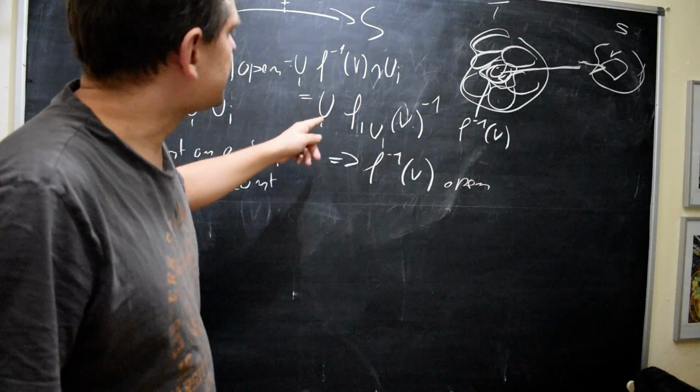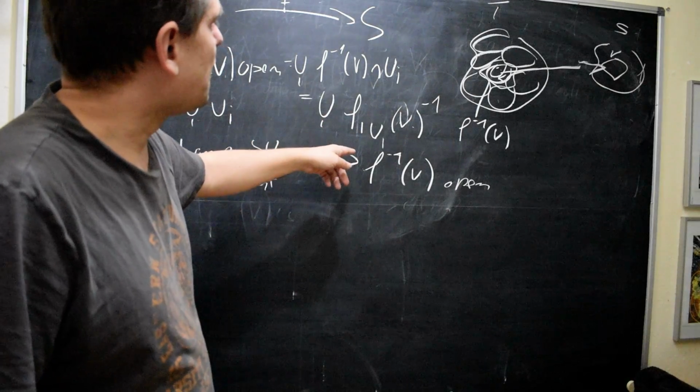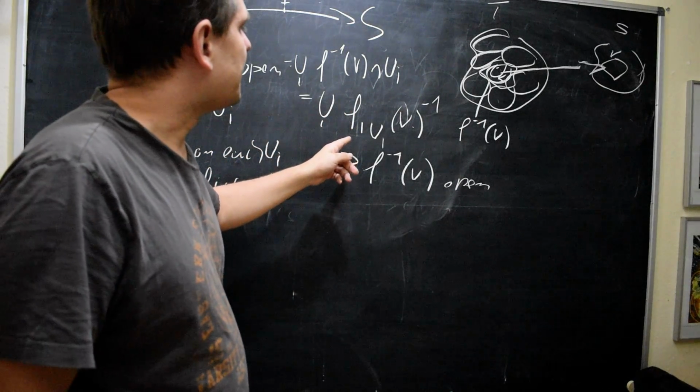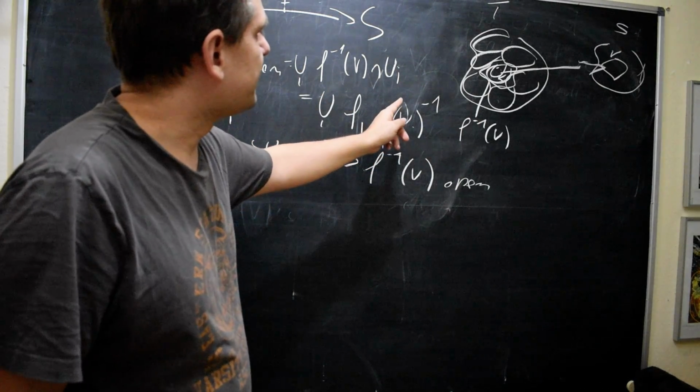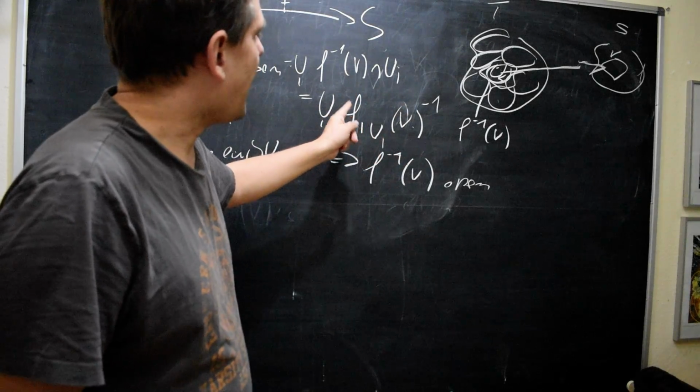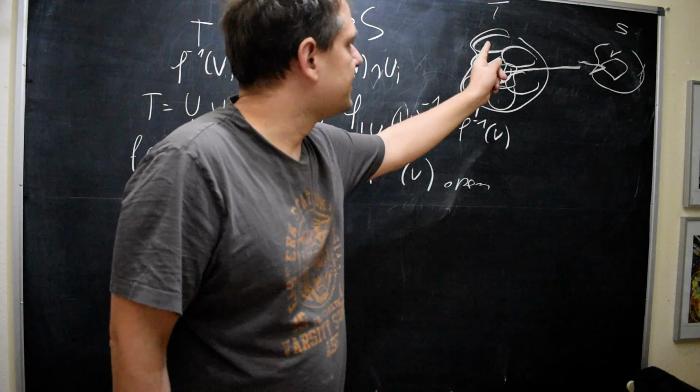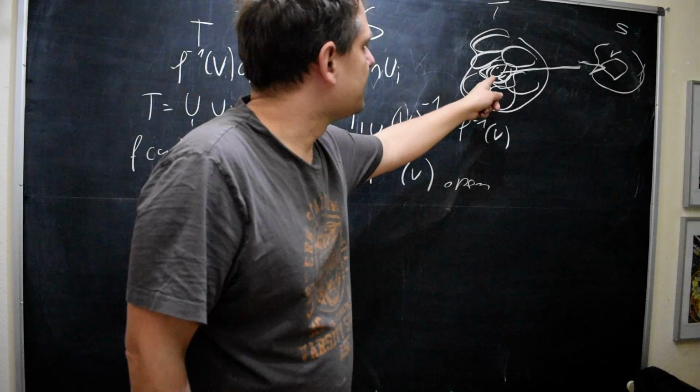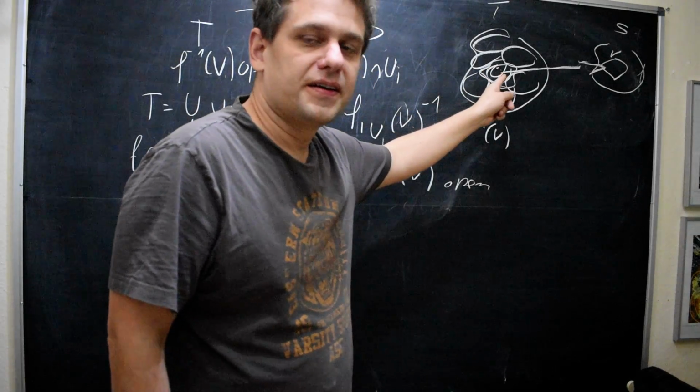Namely, this is the same as the union of the pre-image of V under F restricted to the U_i.